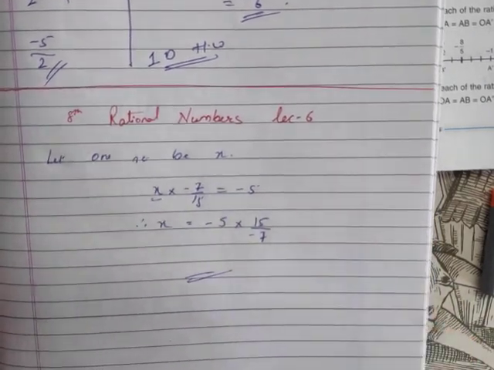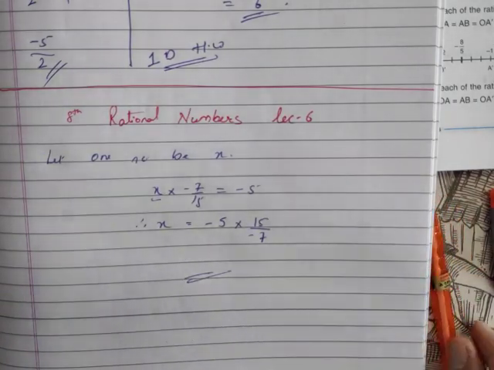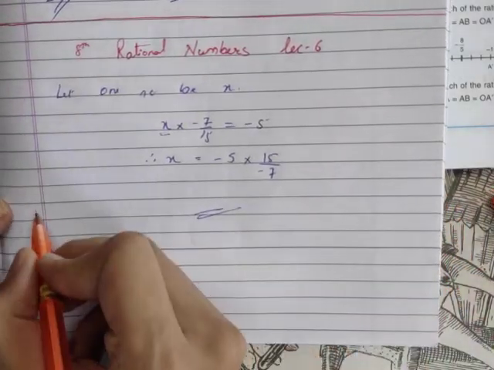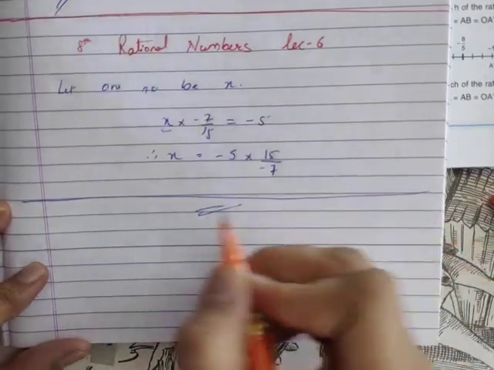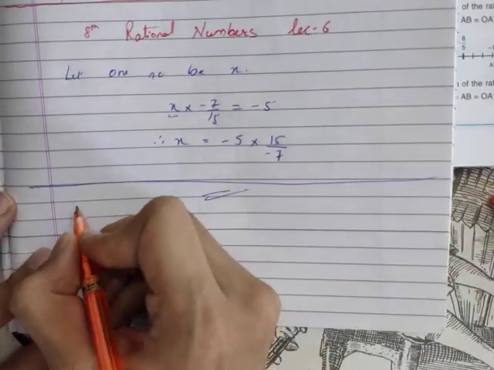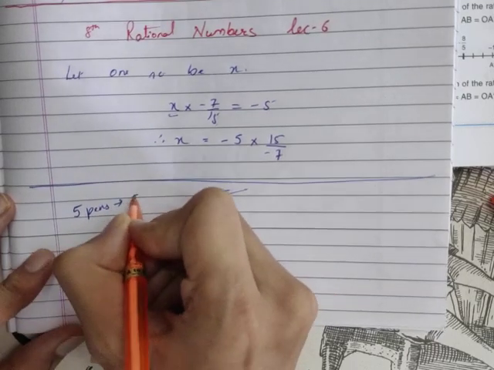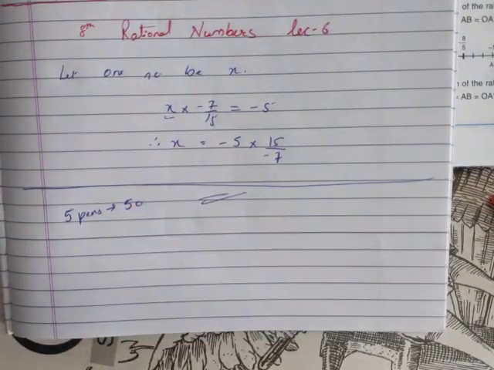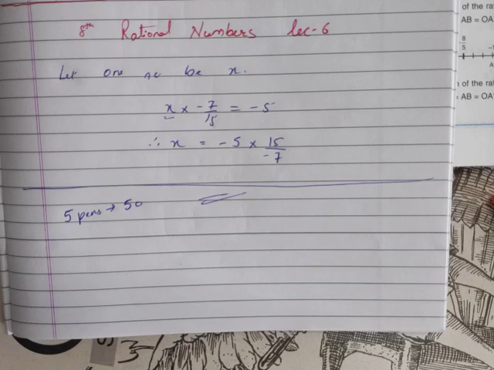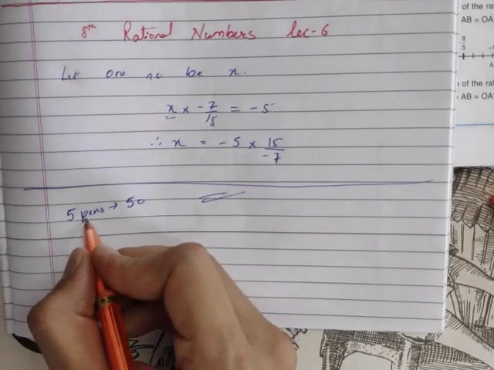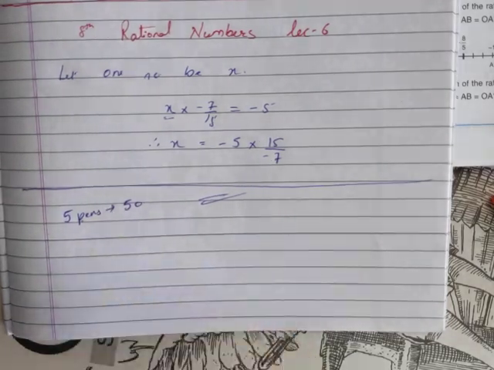But just before starting that question, let's listen to a simple thing. Say for example, I bought 5 pens for rupees 50. Okay everyone, I bought 5 pens for how much? 50 rupees.